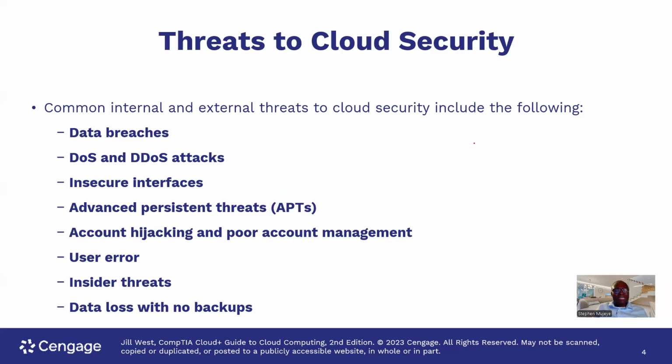All right, so these are some of the common internal as well as external threats to cloud security. They include data breaches. It seems like every now and then we are getting some data breaches.